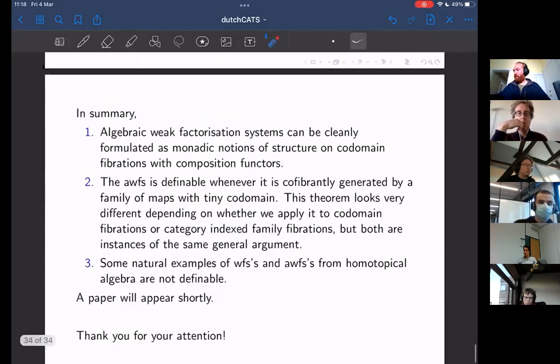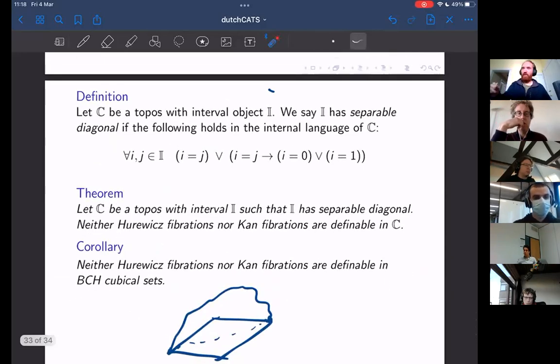So the lesson with the cubical sets is that if we're working in BCH cubical sets, then we really want to use the built-in separated products, the monoidal products in BCH cubical sets, and not use the Cartesian product, because this is what goes wrong.